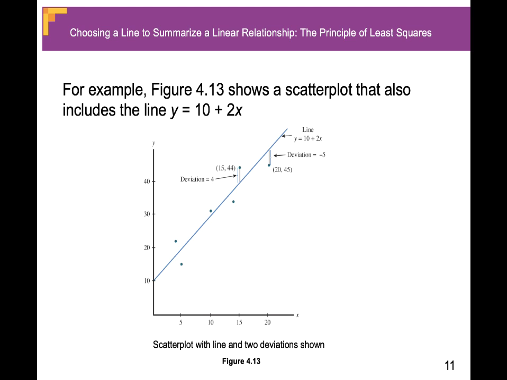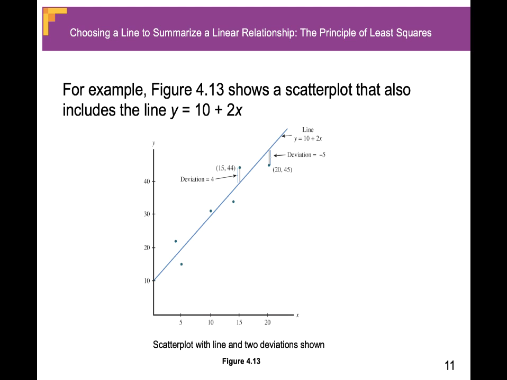So the line predicts the value 40, but the actual value was 44. That would be a deviation of 4. Now, for each of these deviations, if you were to square them, this line is going to minimize the squares of all of those deviations.